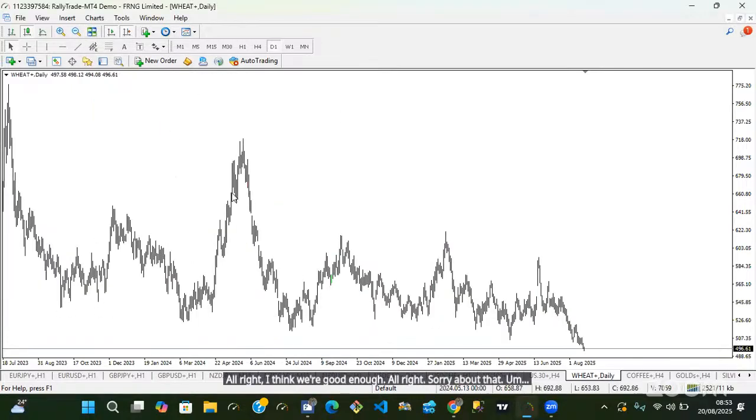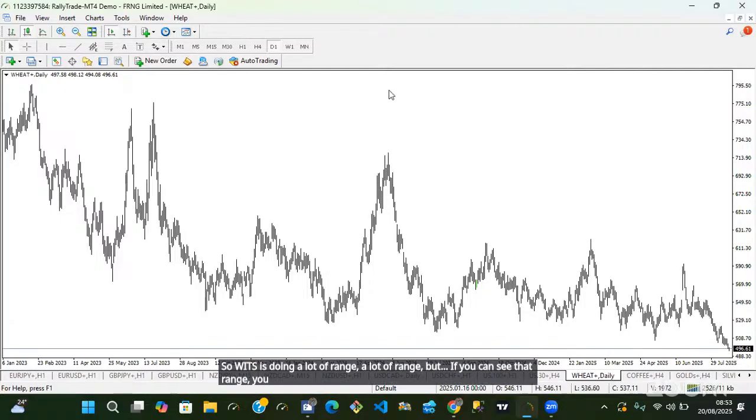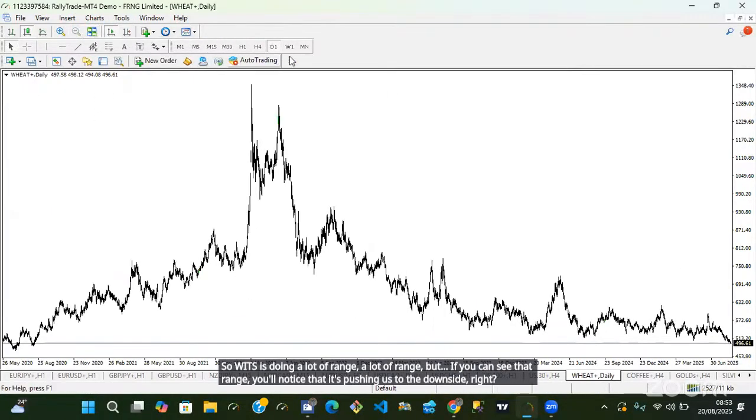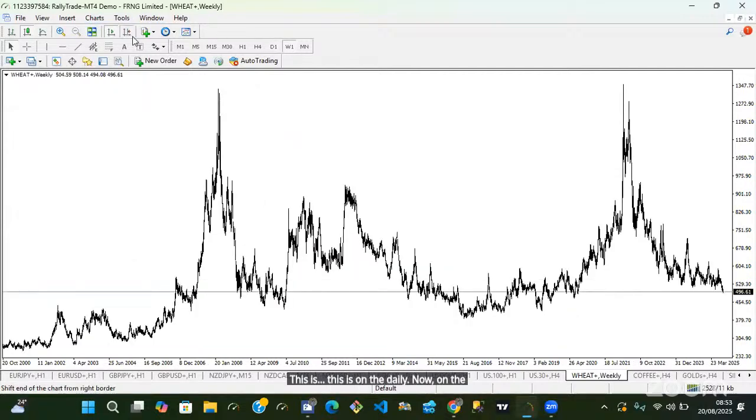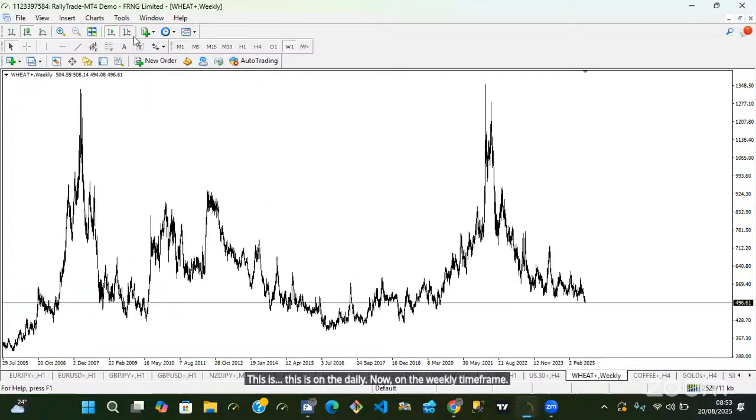So wheat is doing a lot of range, but if you look at that range, you notice that it's pushing us to the downside, right? This is on the daily. Now on the weekly time frame, you see it does not have a permanent direction. You cannot pinpoint that this is clearly down or clearly up. So it means it moved from range to range.